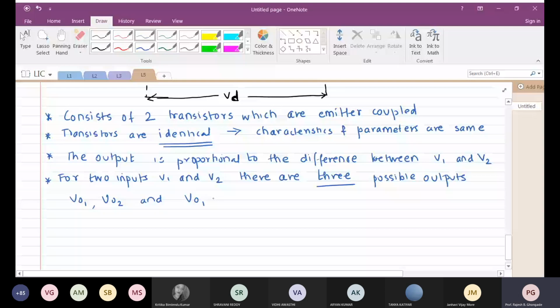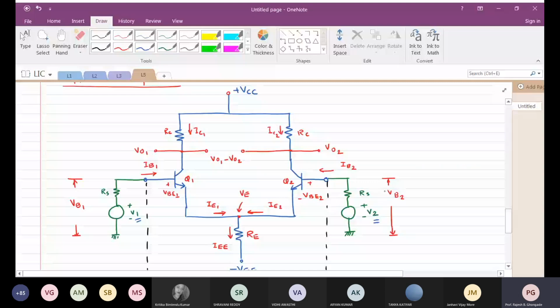It depends on how you use it. I can have output voltage VO1, I can have output voltage at VO2, and I can even have output voltage VO1 minus VO2.